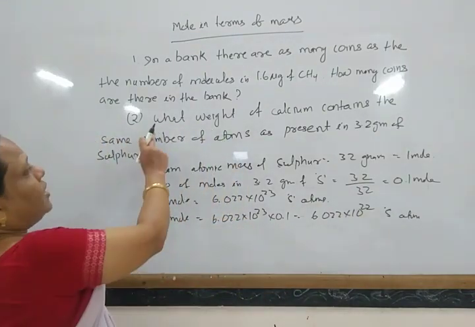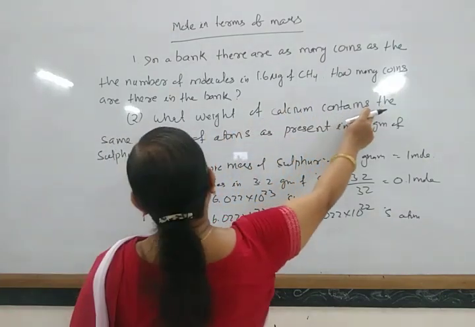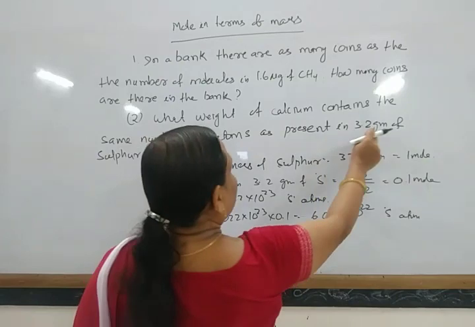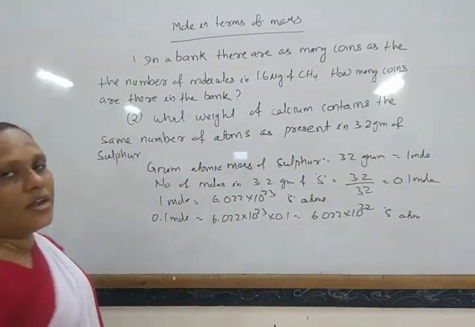Again the question: what weight of calcium contains the same number of atoms as present in 3.2 gram of sulfur?